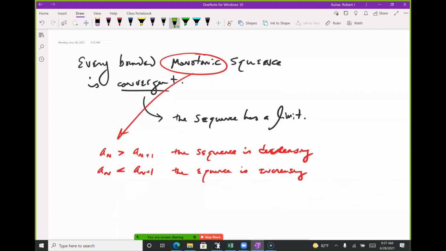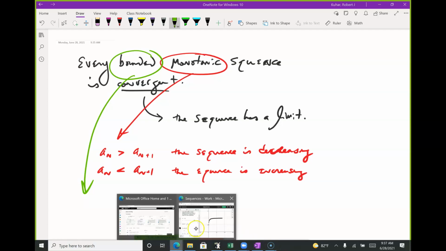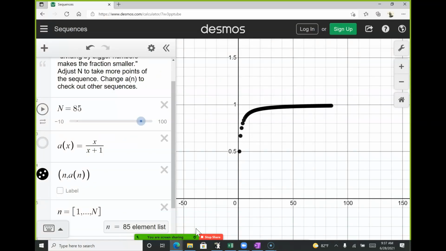And bounded, right? The bounded piece should be exactly that visual I gave you here. That bounded piece is exactly that I get a horizontal asymptote. And remember, I can have a horizontal asymptote being crossed. It can cross in the short run, but in the long run, it should not be crossing. Does that make sense?